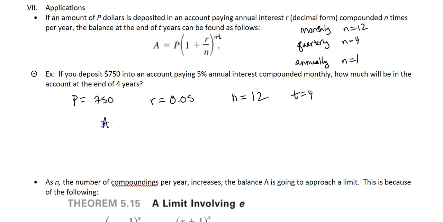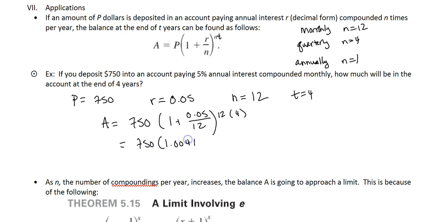So this is just plugging in. I'd have 750 times (1 plus 0.05 divided by 12) to the 12 times 4 power. I would start by simplifying the inside a little bit. These are not going to be beautiful decimals, so save your rounding until the very end. 12 times 4 is 48.